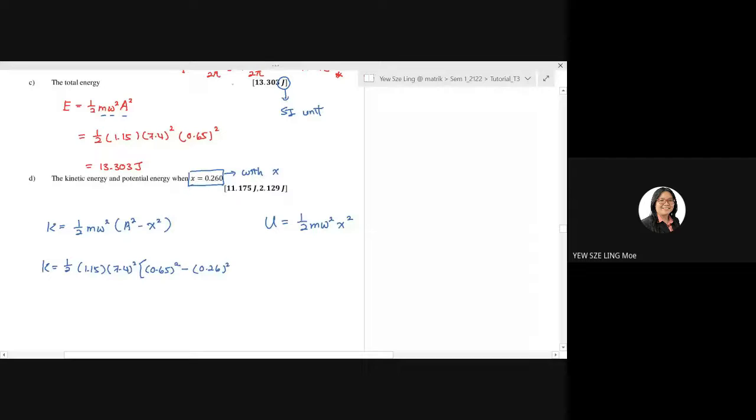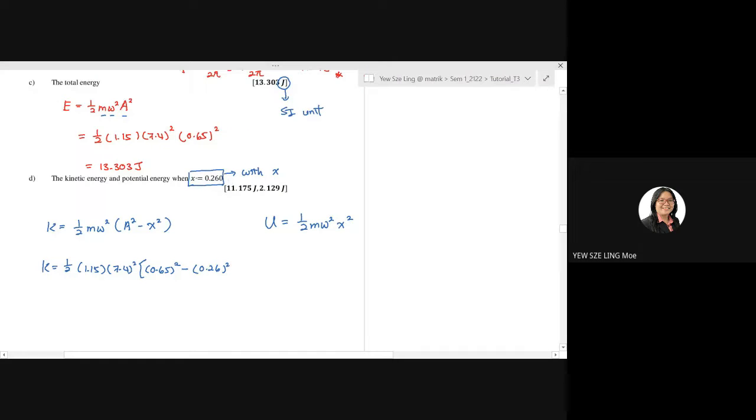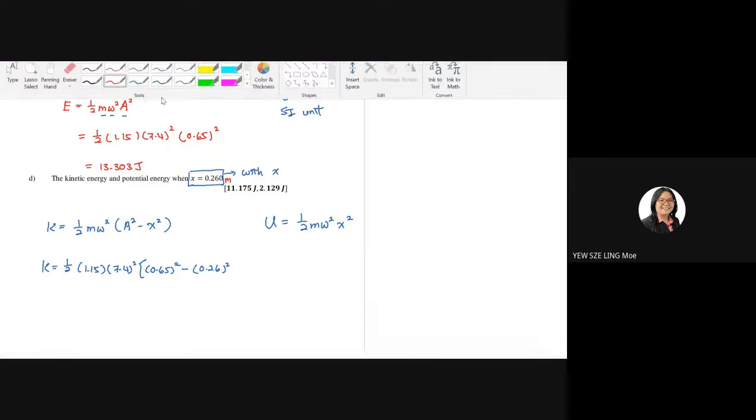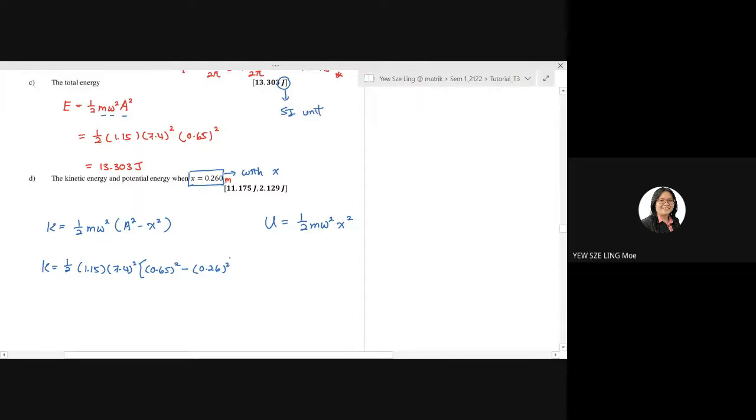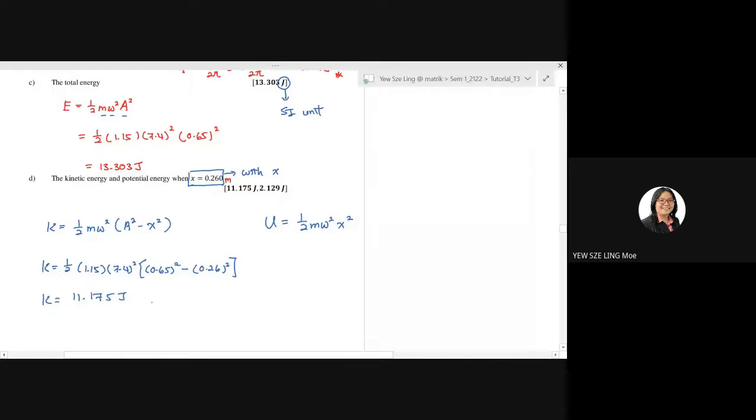Okay, the question has a mistake because they missed out the unit. The unit for x is meter, 0.260 meter. So plug in the values, press your calculator, you will get K equals 11.175 joule.